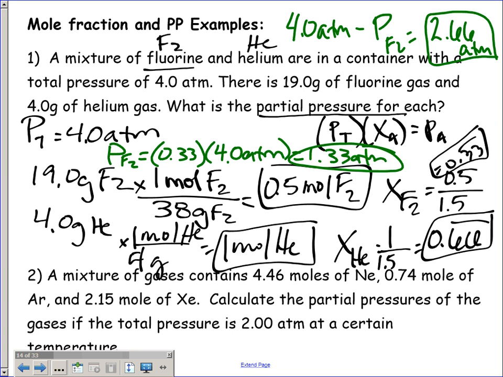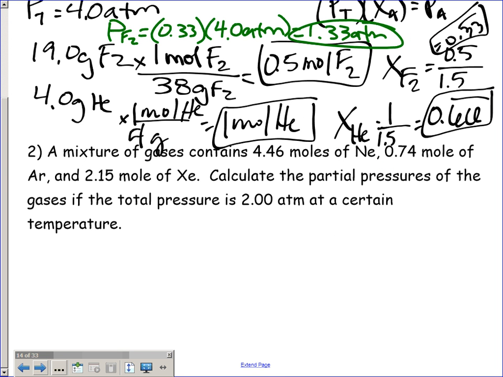All right, and you guys tell me the process on this next one. If you would like to write it down, of course, write it down. I want to talk about the process first. I'll give you a second to think.